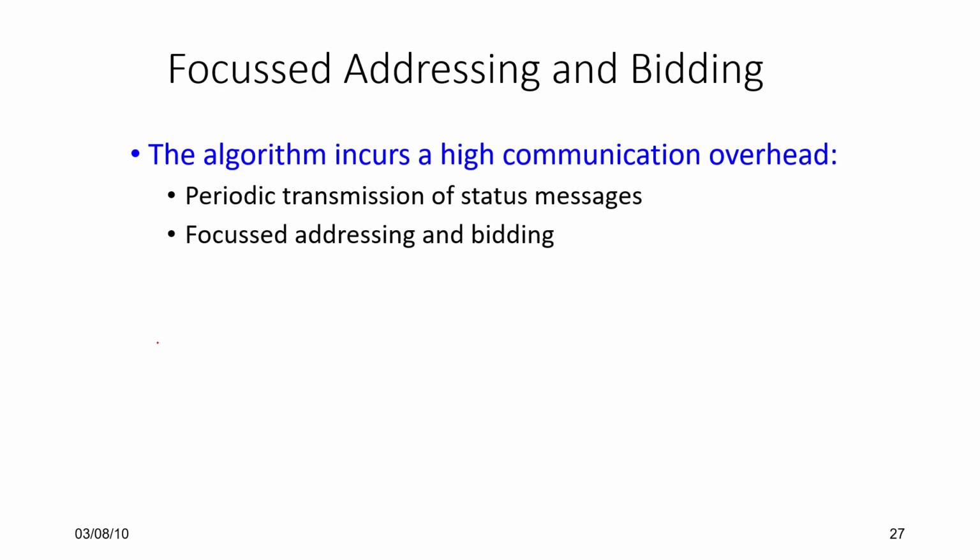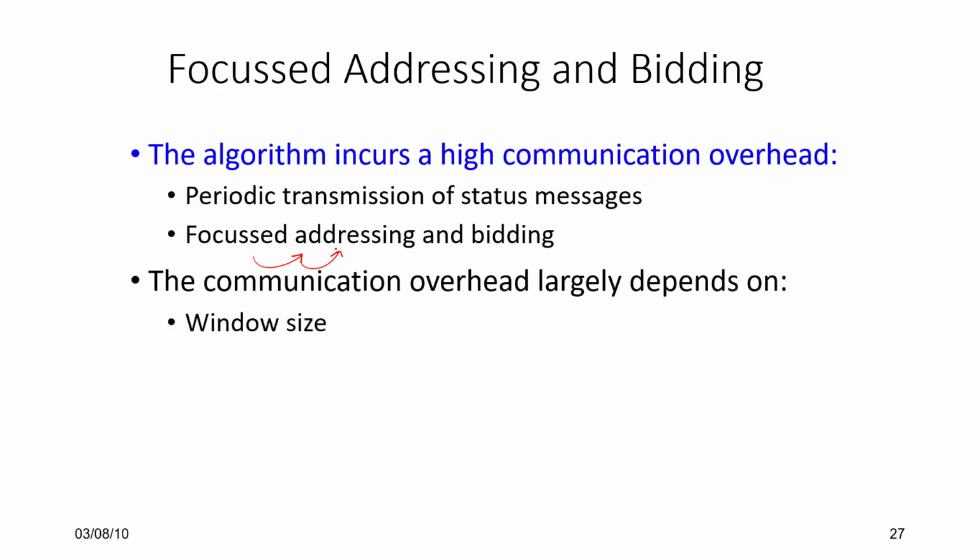So the point is that these algorithms have a high communication overhead because we need to periodically transmit the status messages to update the system load table. And also because of this focused addressing and bidding, not all bid requests will be accepted. The reason being that the status of the node may have changed. In that case, the requester will have to consider sending requests to other possible processors in its list.